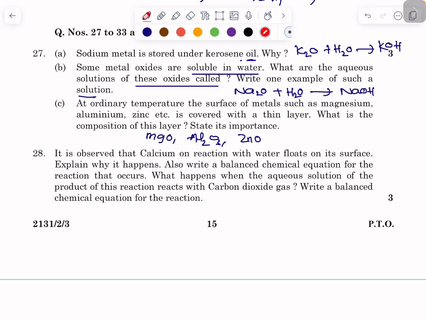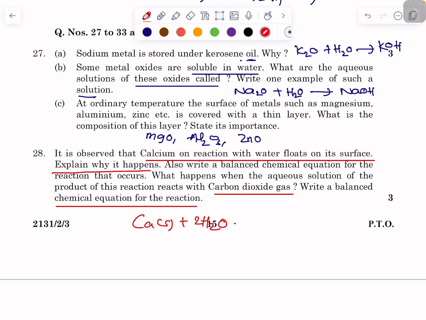Next, question number 28. It is observed that calcium on reaction with water floats on its surface. Explain why it happens. Also write a balanced chemical equation for the reaction. So when calcium is dissolved in water, H2O, you will get calcium hydroxide and hydrogen gas.